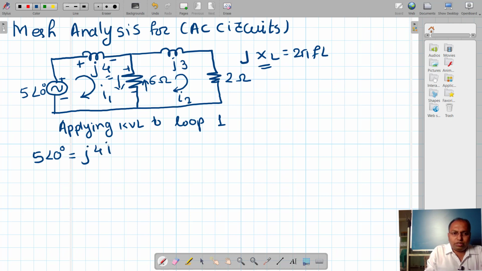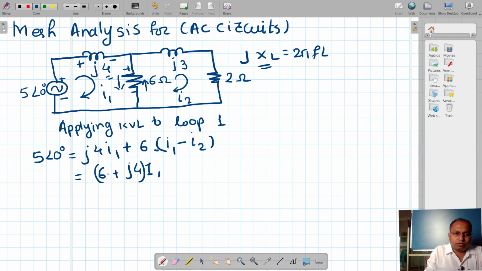J4 into I1 plus, now the 6 ohm resistor is there, and two currents are flowing through that 6 ohm resistor, I1 and I2. Both are in opposite directions, so we need to take the subtraction. Now club the terms of I1 as you used to do. So 6 plus J4 is the coefficient of I1.